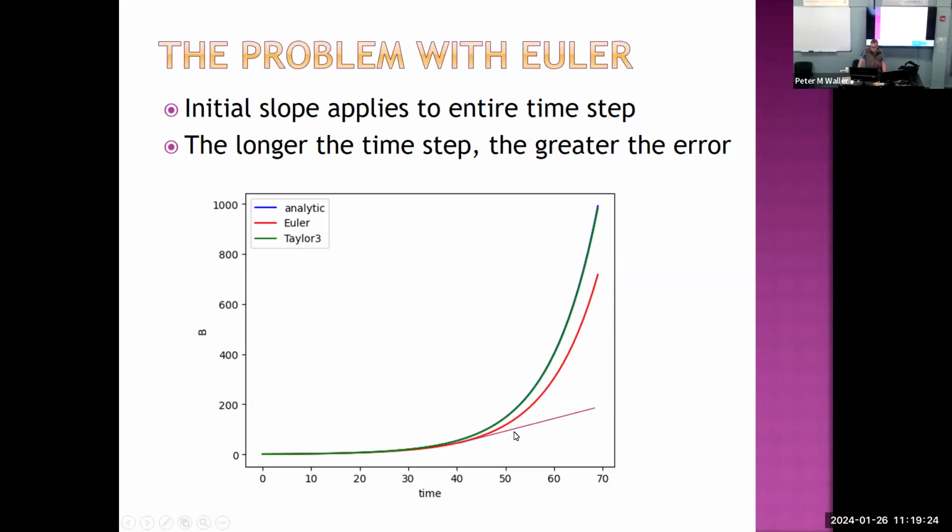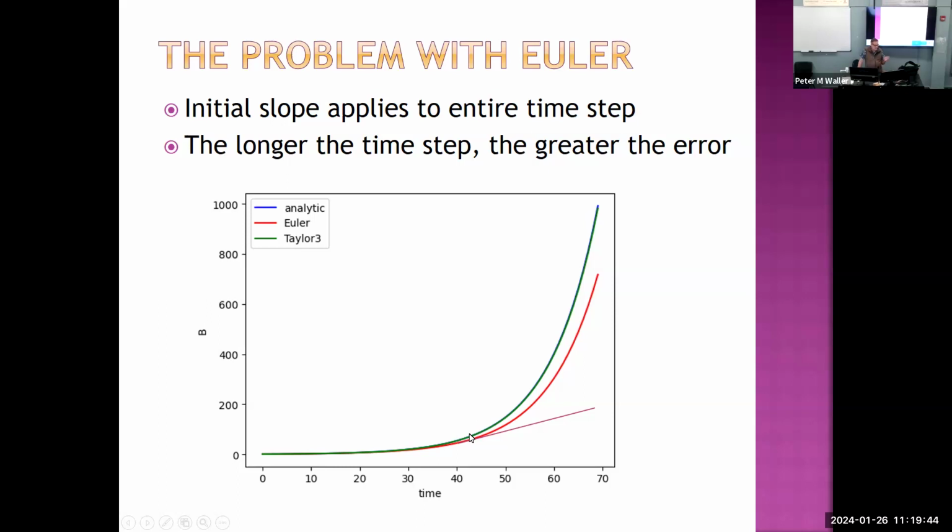So you can see that it's drastically underestimating what's really going on by using that initial slope. Now, if you had curvature like the third term, then you're going to get up closer. And then if you have the rate of change of curvature as you go through the time step, then you're going to be almost exactly right.